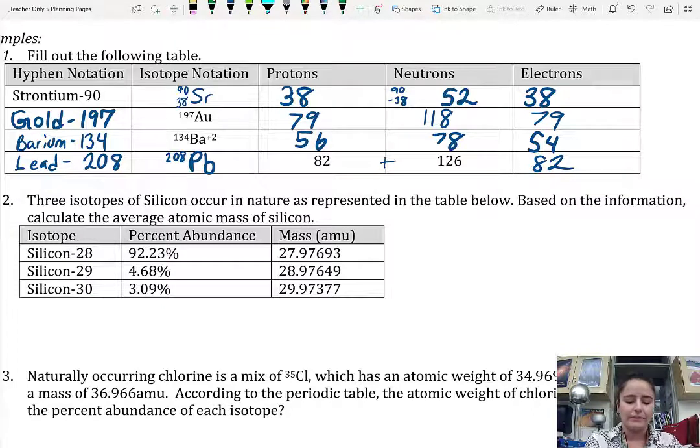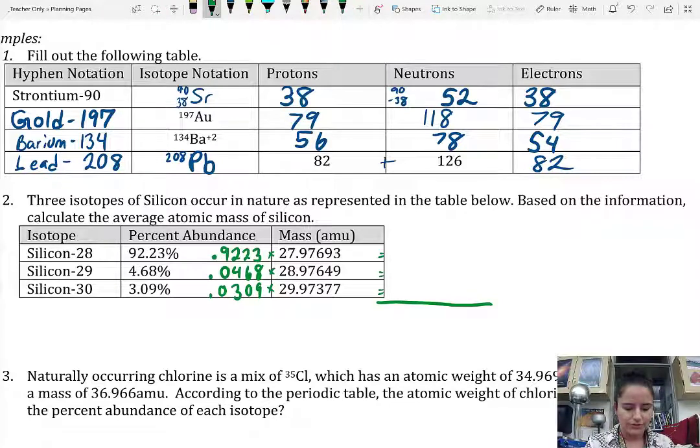To calculate it, we multiply the percent abundances, making sure they're in percent or decimal form, by those masses and then add them up to get the weighted average.